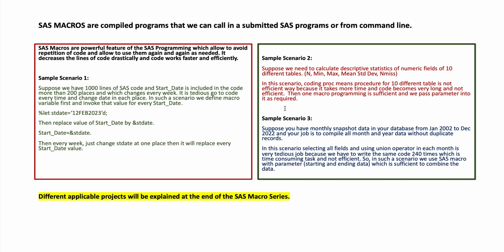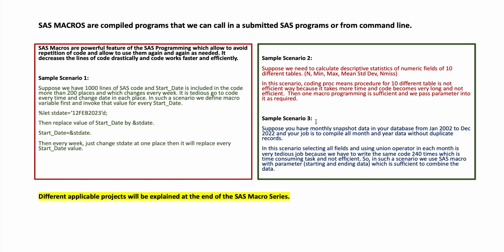In this scenario, coding the proc means procedure for 10 different tables is not an efficient way because it takes more time and the code becomes very long and ineffective. Then one SAS macro program is sufficient, and we pass parameters into it as required. We just have to provide the table name 10 times, and it will calculate the descriptive statistics of each table.